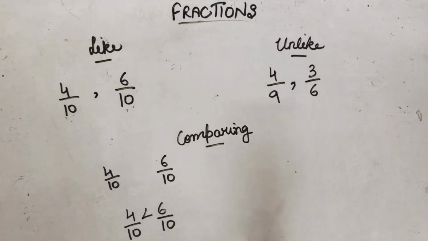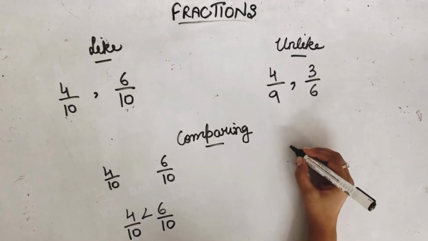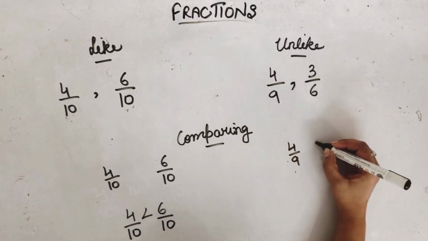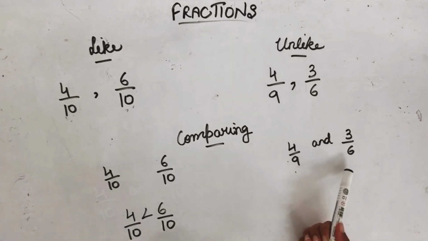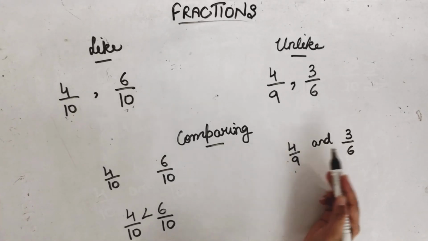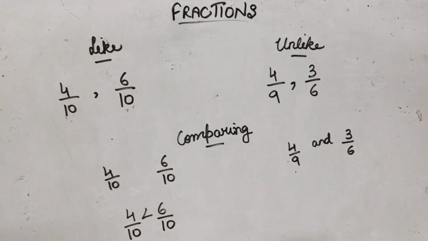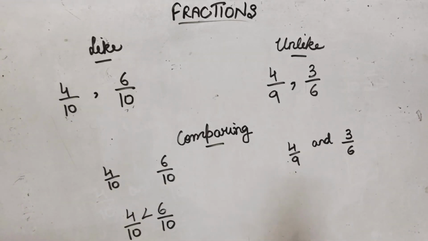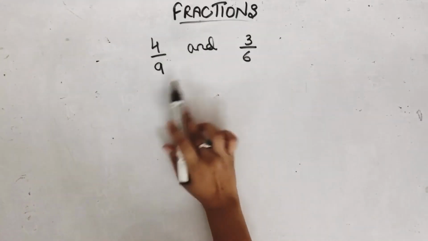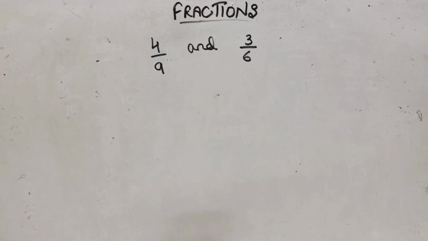Next, if we have to compare the unlike fractions like 4 by 9 and 3 by 6. In these two fractions, denominators are different and numerators are also different. So how will you compare these fractions? First you will convert them into like fractions, by making their denominators same.